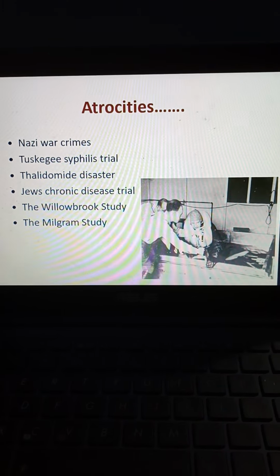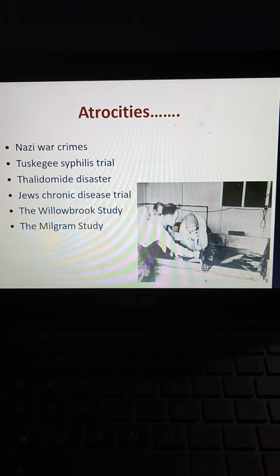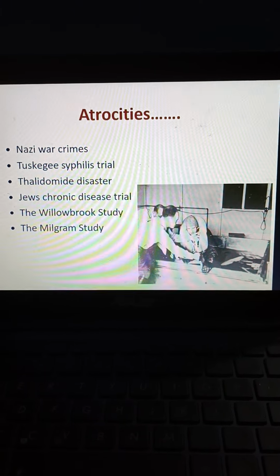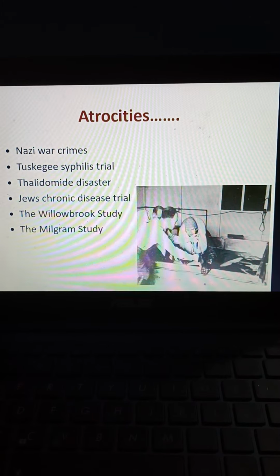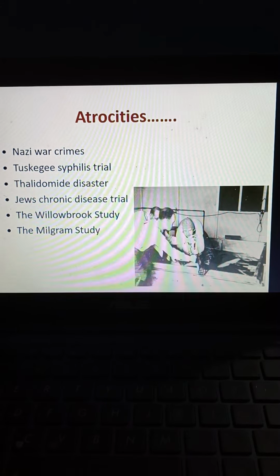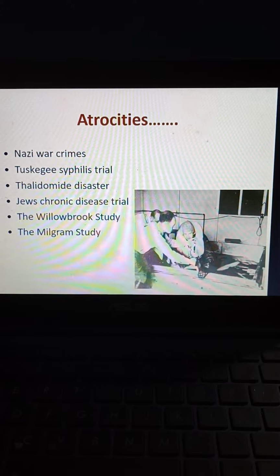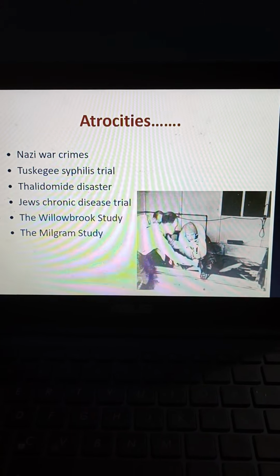Then there are some examples of atrocities in the past, that is Nazi war crimes, Tuskegee syphilis trial, thalidomide disaster, Jewish chronic disease trial, the Willowbrook study, the Milgram study, for which there was development of the GCP guideline.